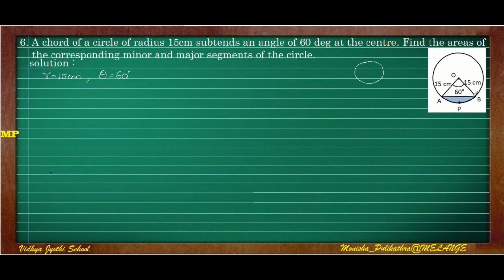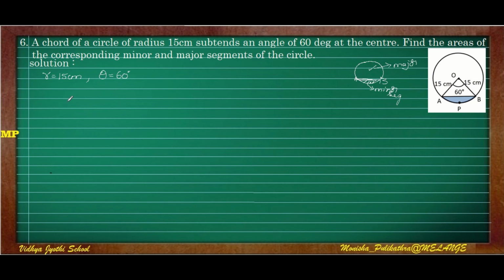So AB is the chord. This is the minor segment, the small area which is covered by the chord, and the large area covered by the chord is called the major segment. So we have to find out both.